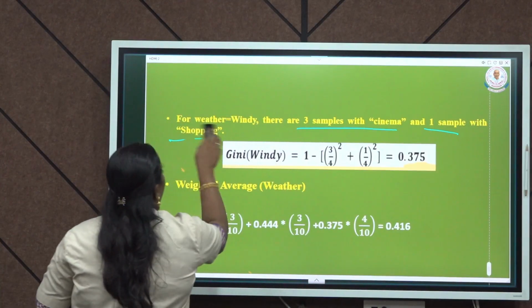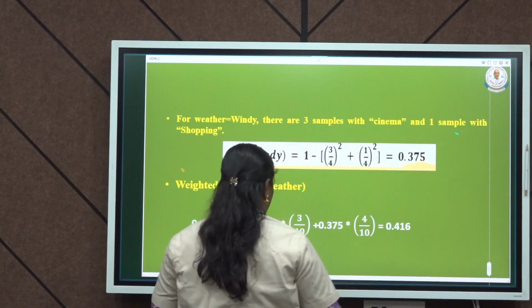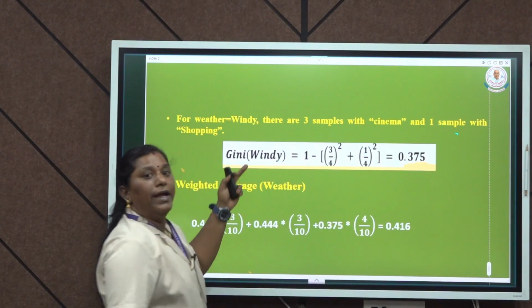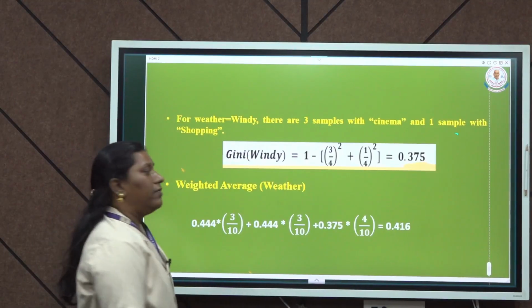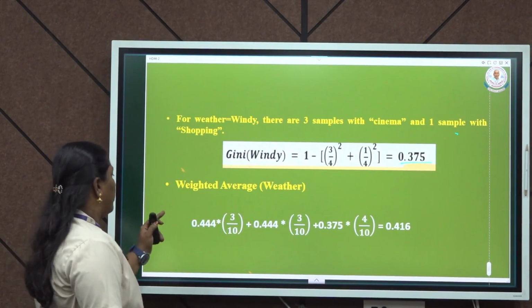Again we are calculating the Gini index for the windy attribute. Applying it to the instances, we will be getting 0.375 as the output value.